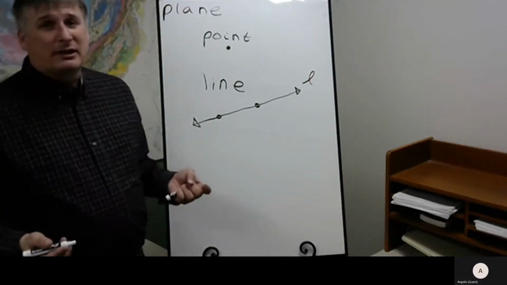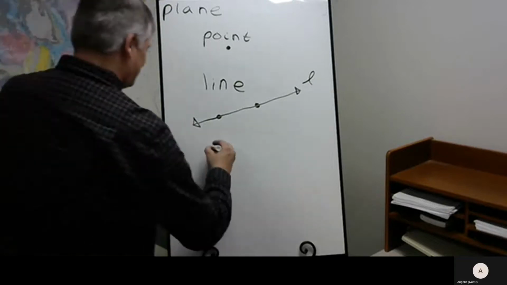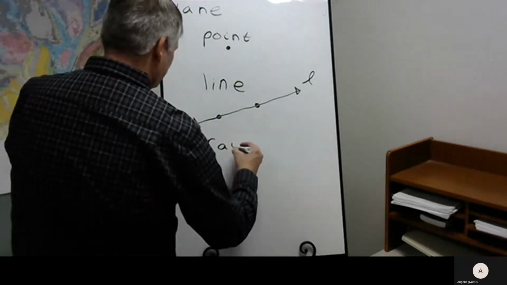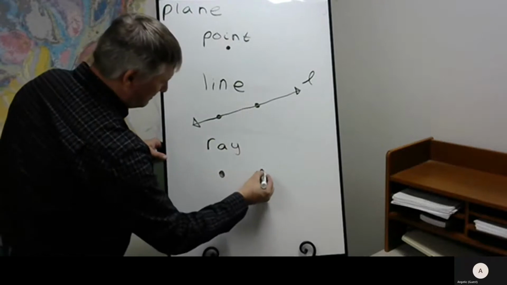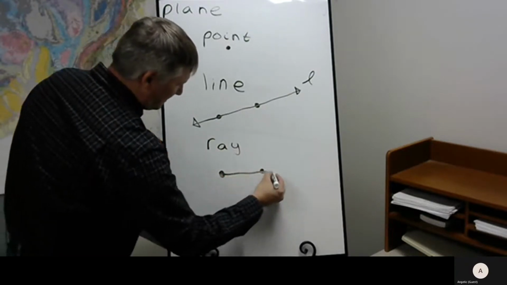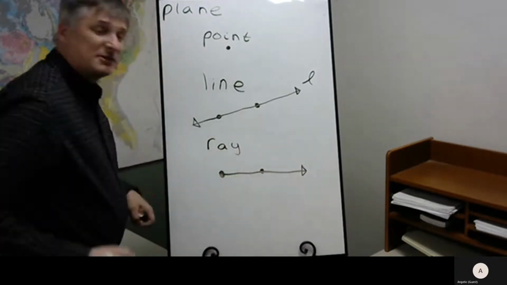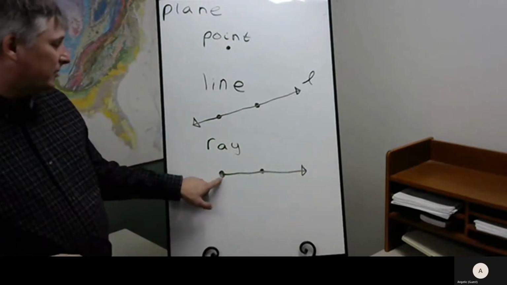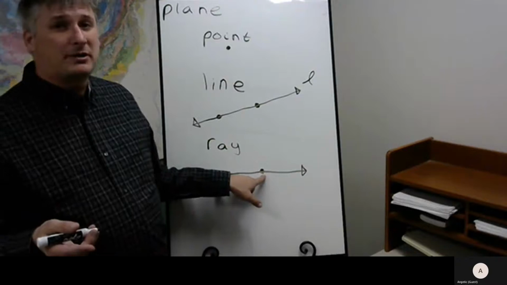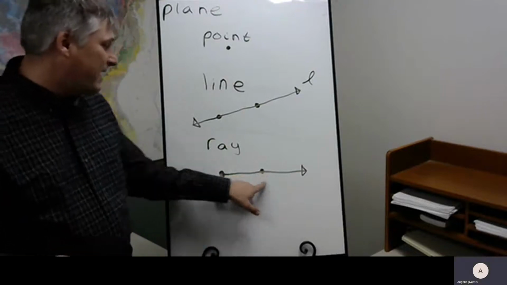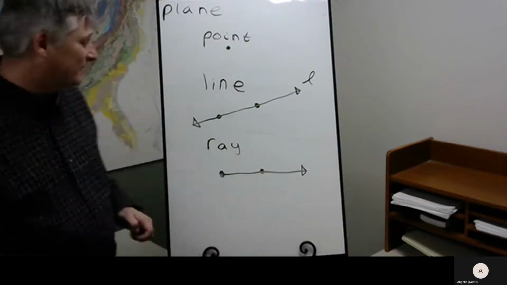Now, related to a line is a ray. A ray is part of a line. You have a starting point, and then you have a second point that tells you in which direction this ray is going to be going, and the ray passes through those 2 points.